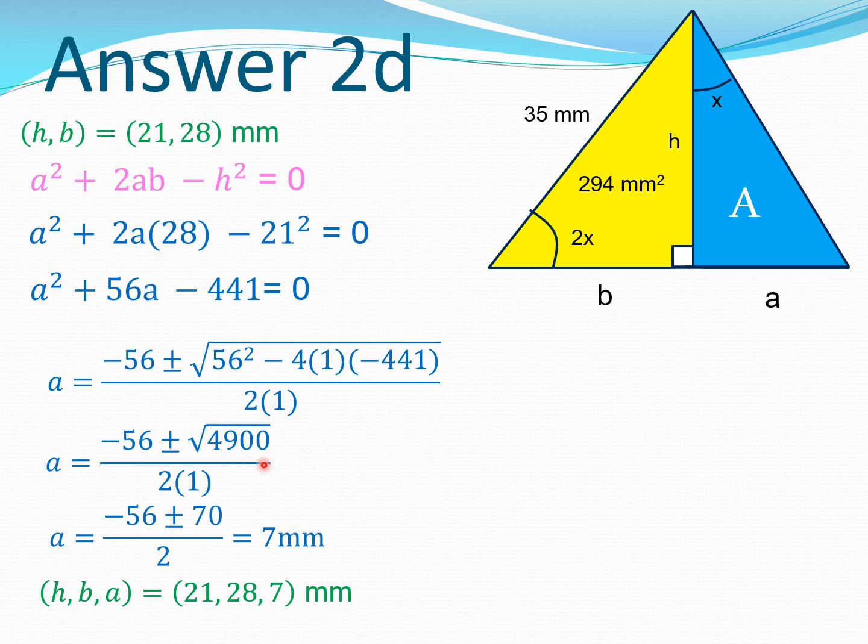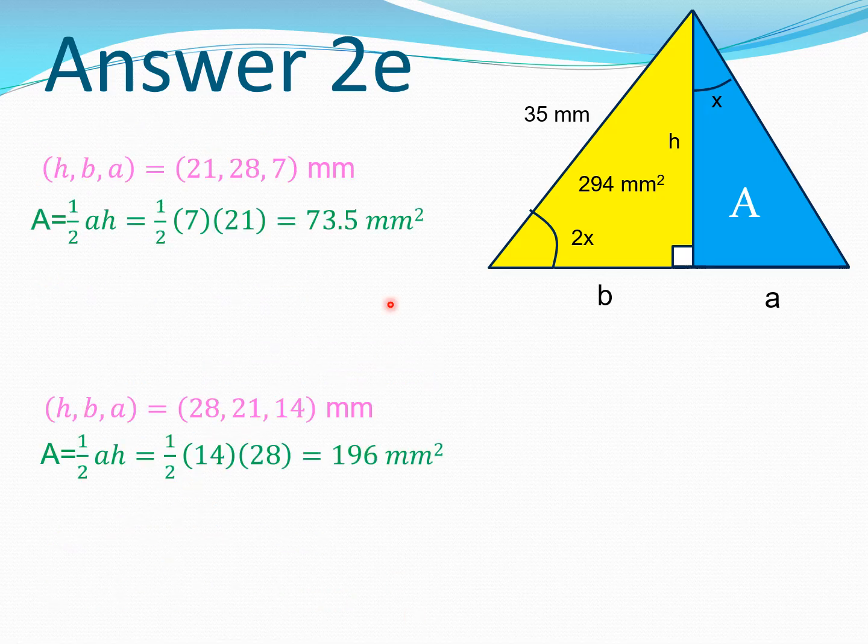Fortunately, 4900 is a perfect square, so I get 70 as the square root of that. Again, I have one negative root which I can discard because this is a geometric figure. It won't have negative values for the dimensions. Therefore, I get 70 minus 56 by 2, which gives me 7 millimeters. So that's the second answer: HBA are a triple of 21, 28, 7 millimeters.